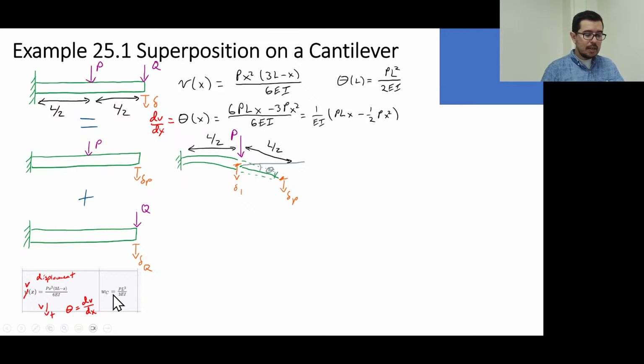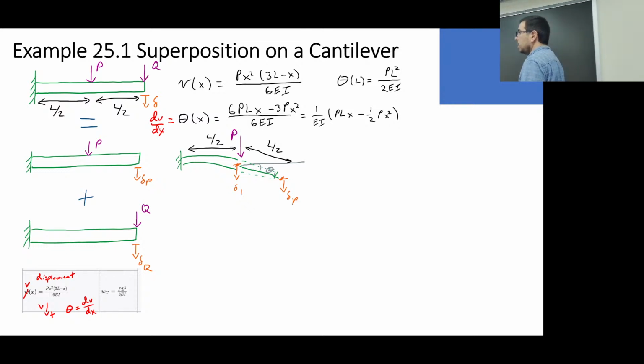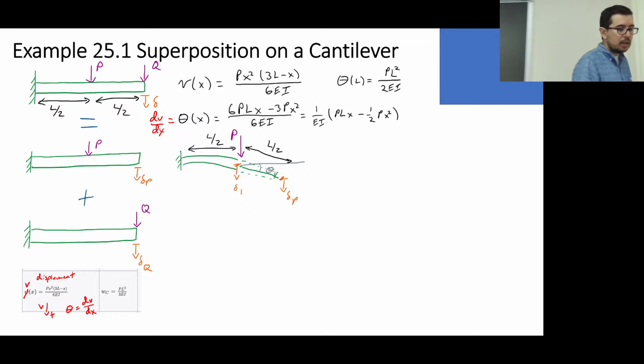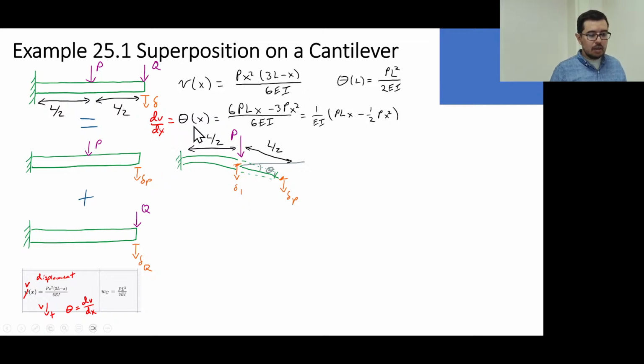Notice I cannot just use the displacement at the right end to figure out what the slope is. Why? Because there's no x. It's independent of x. That's just like a number. You have to use the expression that's a function of x to figure out what dv/dx is. So that's kind of a bummer, but that's given here.